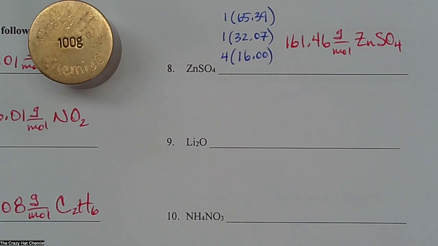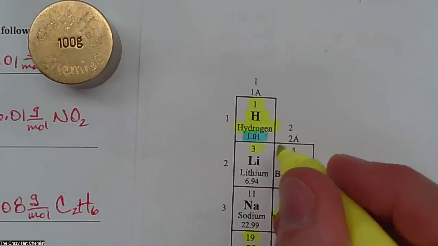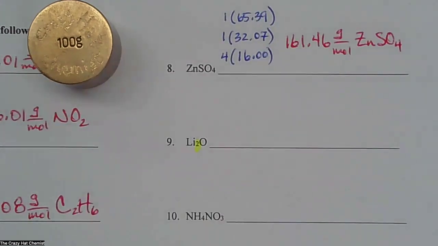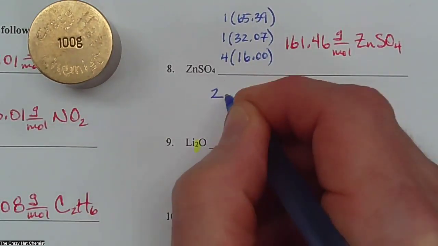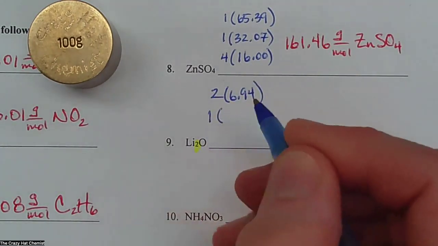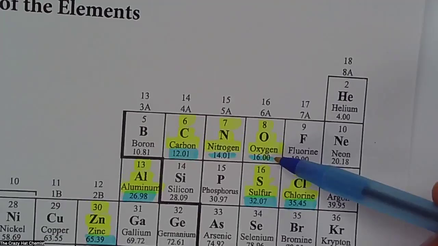The next one is lithium oxide for problem number 9. So how many lithiums are there? There are 2 lithiums and 1 oxygen. We haven't done lithium. So it's right under hydrogen, and that's atomic number 3, Li for lithium. The molar mass for lithium is 6.94. So I have 2 lithiums at 6.94. And then oxygen, there's 1 of those, atomic number 8, O for oxygen, that's 16.00.